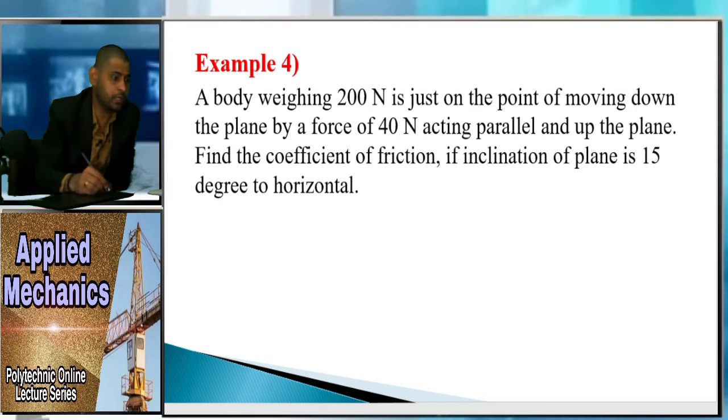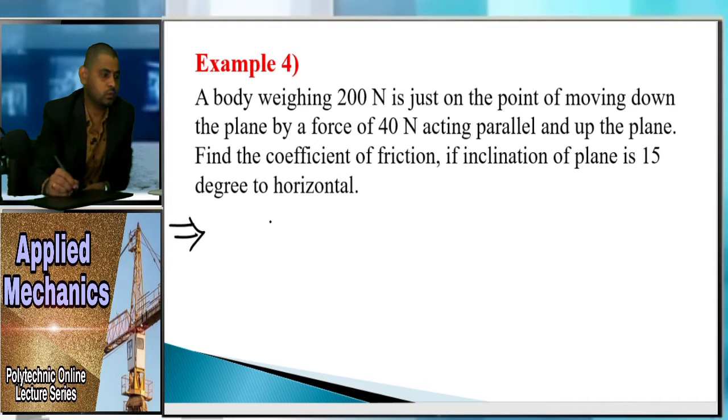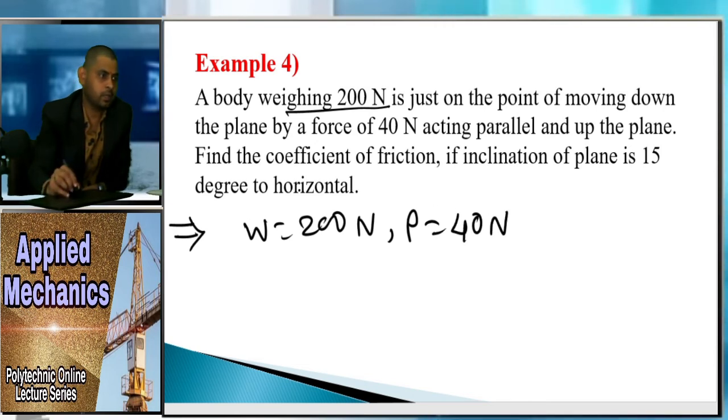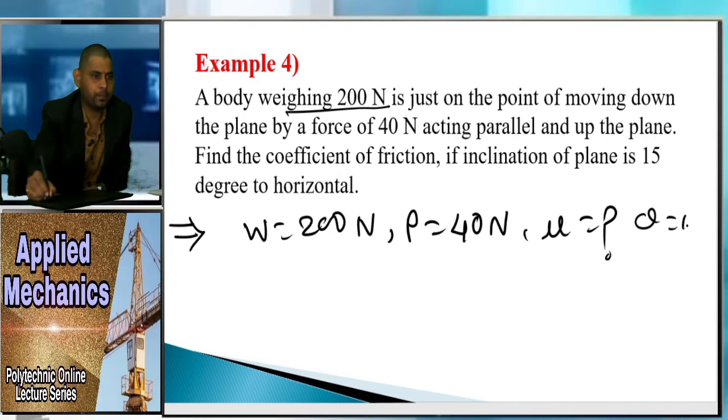So the given data is W is equal to 200 Newton, P is equal to 40 Newton, and the inclination angle theta is equal to 15 degrees. We have to find mu.